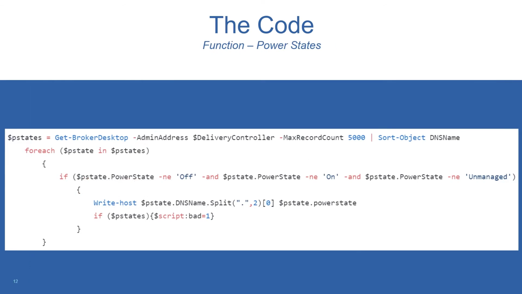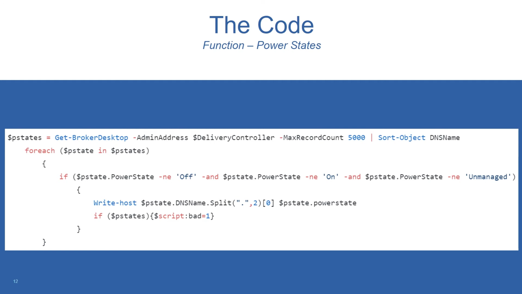So here's the power states one. Basically, if the power state does not equal off and does not equal on and does not equal unmanaged, then we're going to say there's a bad power state here, and we're just going to log that to the transcript and let them know that you have a bad power state, such as unknown, or lost.